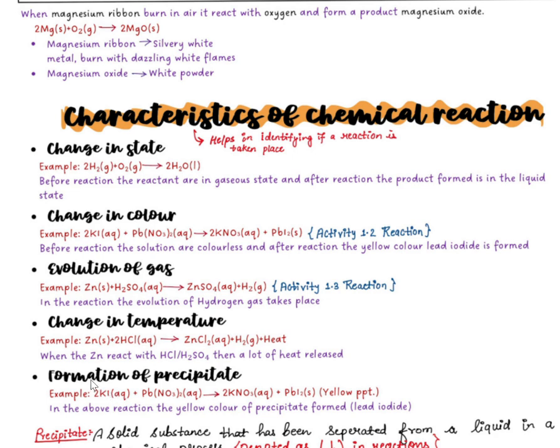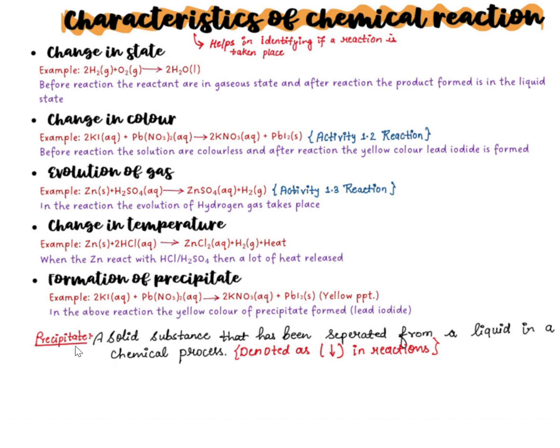Another characteristic of a chemical reaction is formation of precipitate. Let us consider the above example once again. When potassium iodide reacts with lead nitrate, a yellow colored precipitate of lead iodide is formed. So formation of precipitate is a characteristic of a chemical reaction.